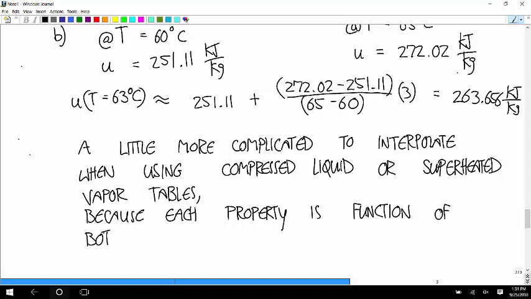So each one is a function of both temperature and pressure. For the saturated tables, we could choose which one of those we wanted to work with and only work with that one. So this one, we're going to have functions of two independent variables.